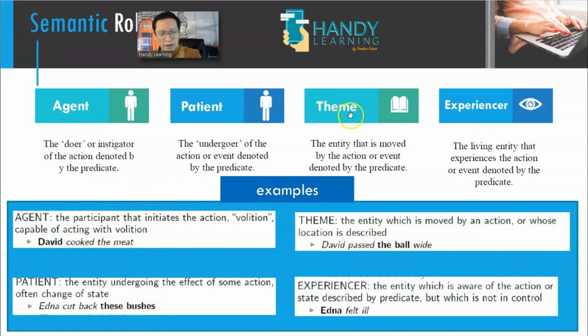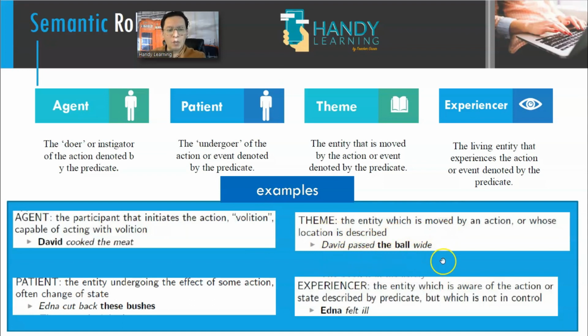Then the theme, right, is the entity in the phrase or clause that is being moved. We should have an action there that implies physical movement, or its location is being described. So when we ask the question, what are we talking about? We can find the answer by asking which item in the sentence is being moved. Let's take a look at the example.